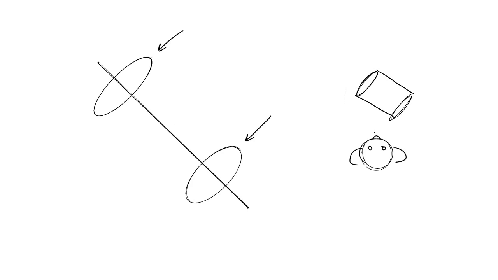The angle at which you're seeing this surface and the angle at which you're seeing this one are going to be different. This one, by virtue of being farther away, is going to give you more of the ellipse. It's going to be wider. You're going to be seeing more of that face. It'll be oriented more towards you.